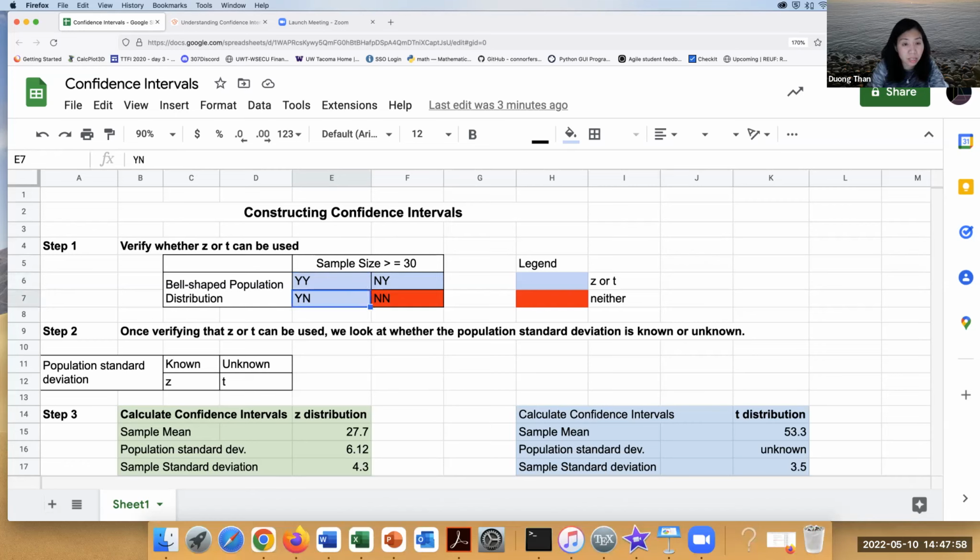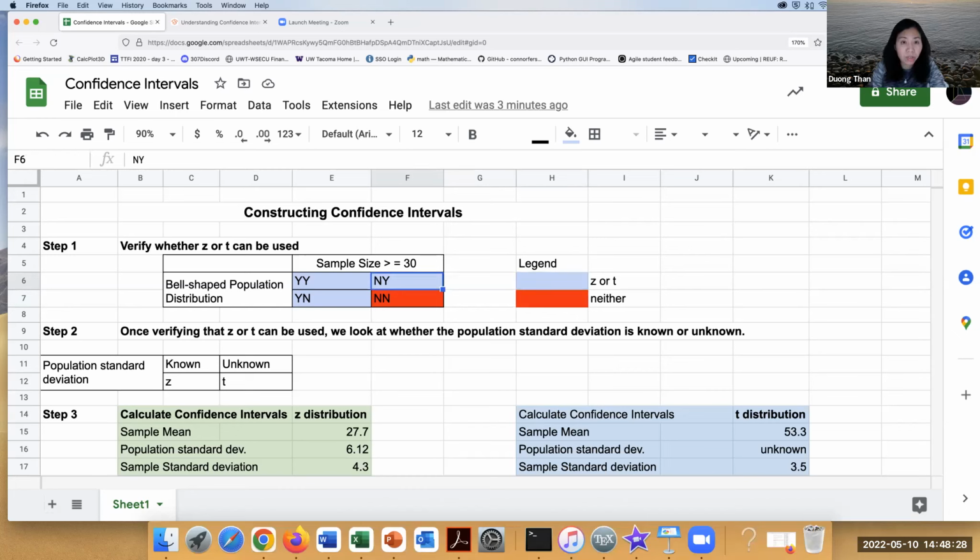This case is a yes, no, which means the population is normally distributed, but the sample size is less than 30. This case is an example of the population not being normally distributed, but the sample size is at least 30. And this case shows when neither the population is normally distributed nor the sample size is at least 30.